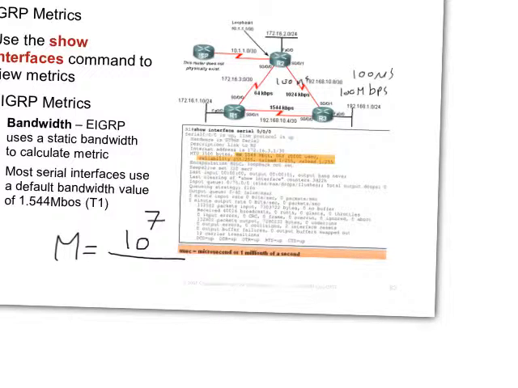So if you have a radius of 1 megabits per second and another radius which is 100 megabits per second, which one is the limitation? The 1 megabits per second. This is the smaller radius. So I divide the reference bandwidth by the minimum bandwidth of any link on the entire path end to end.